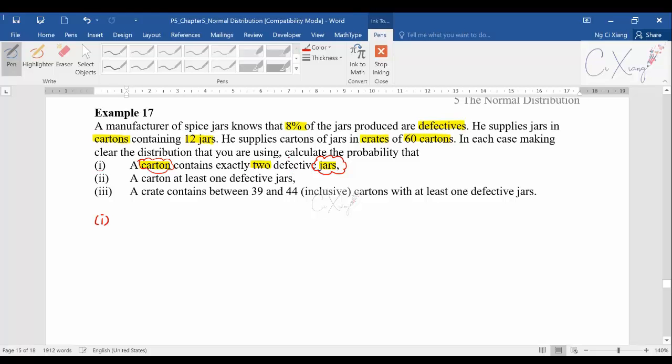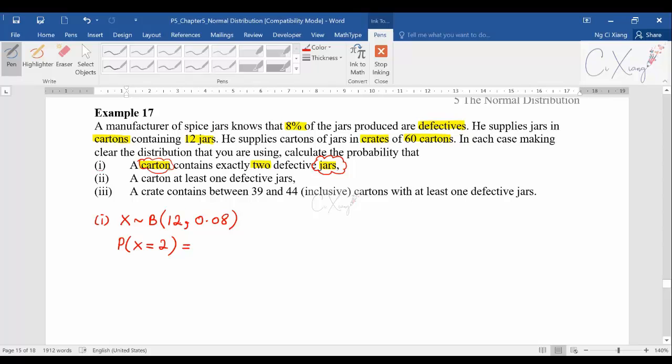If you look at the structure of the question, it is binomially distributed. The number of jars is 12 in total, and they want 2 defective jars. What's the percentage for defective? 8%, so 0.08. What probability do they want you to count? They want x equals 2.